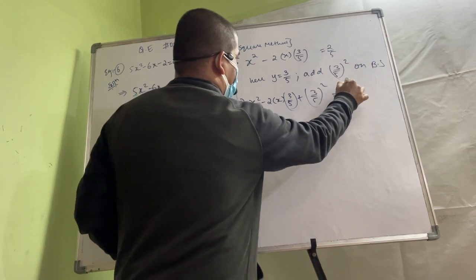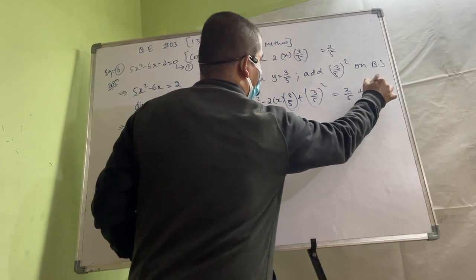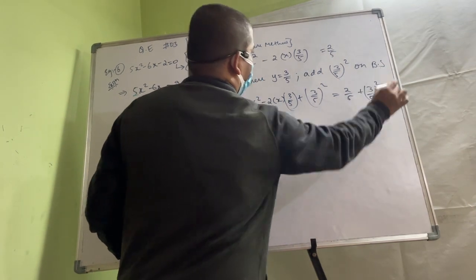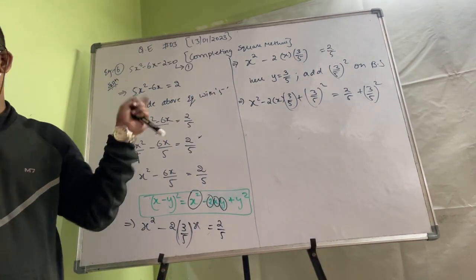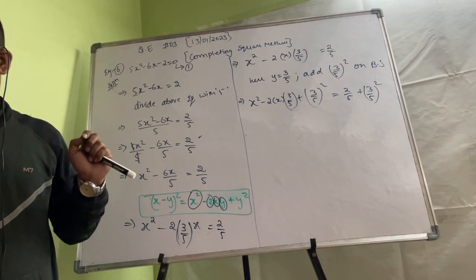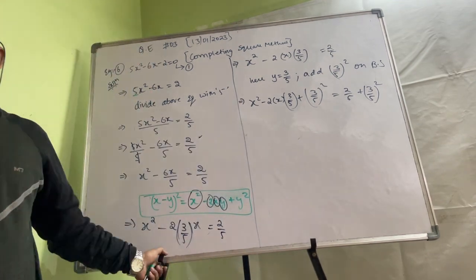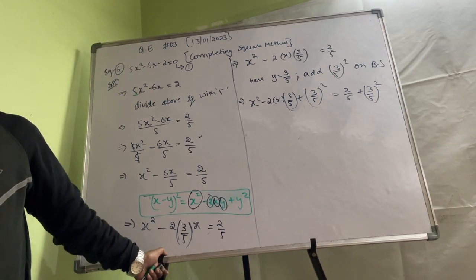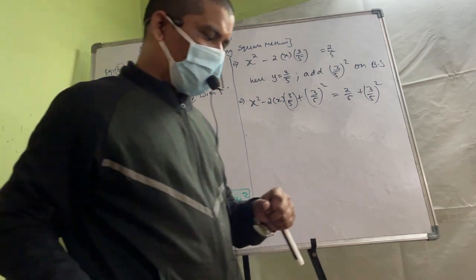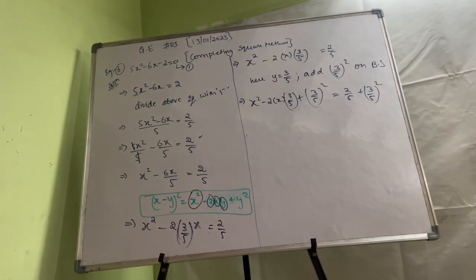I added it here, so here also I should add 3 by 5 whole square. Both sides we have to add like this. Now, okay, this much clear, everyone? What I did, I have added y square. Watch it for a minute.